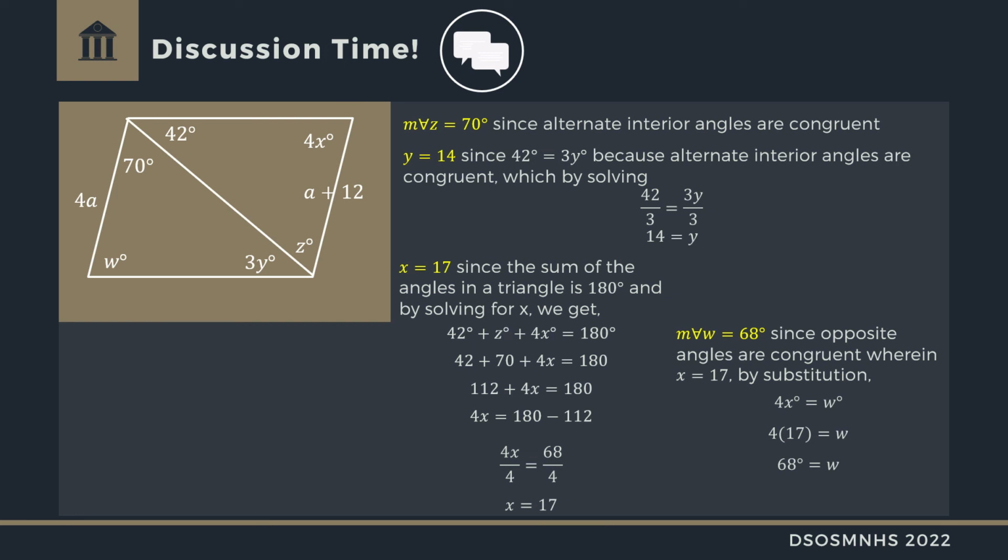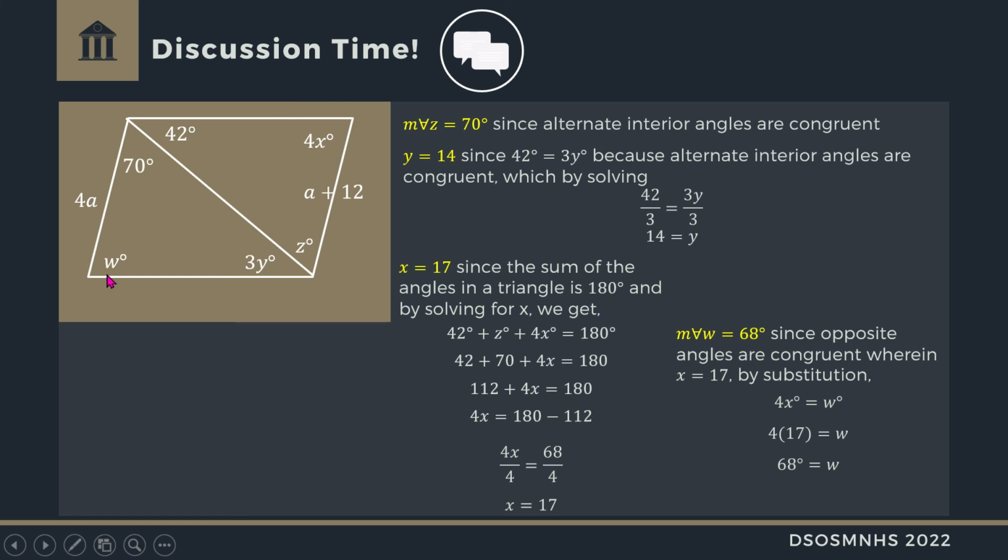So we're done answering angle z, the value of y, the value of x. Next is to solve for the value of w. Okay. So ganina, when x is 17, so pila ganing 4x? 4x is equal to 4 times 17. 4 times 17 is 68. So therefore, if 4x is 68 degrees, ang iyang katbang is angle w degrees.